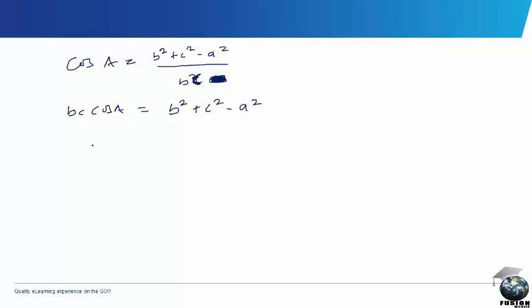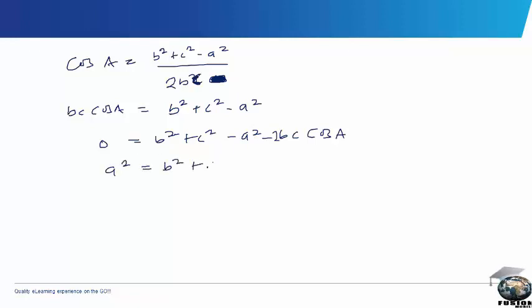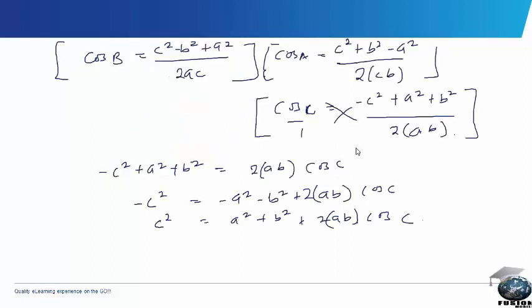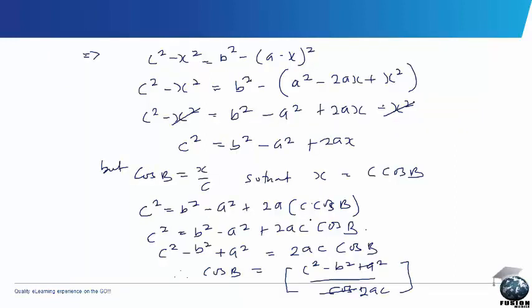Subtracting BC cos A from both sides, we have 0 is equal to B squared plus C squared minus A squared, minus BC cos A. The next thing we have to do is carry over the odd term here, which is A squared, to the other side of the equation. This becomes A squared is equal to B squared plus C squared minus 2BC cos A. This should be a minus sign, please. Alright, fine, I think that's what we'll have there.